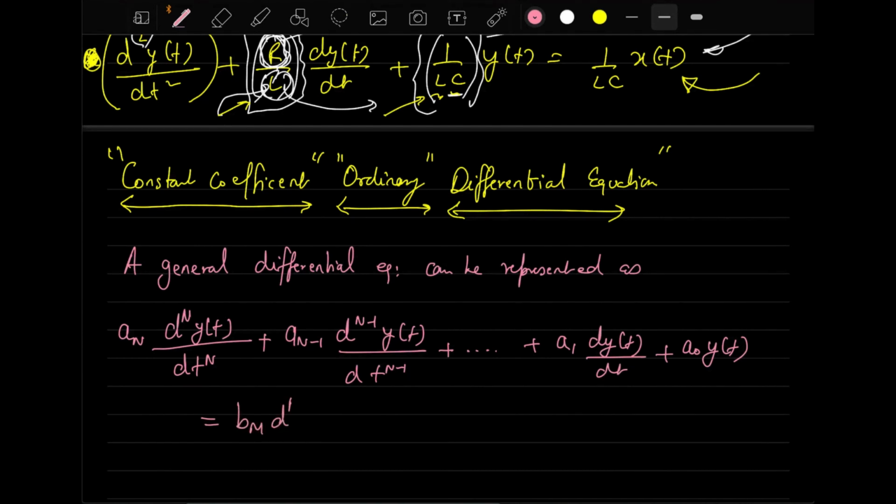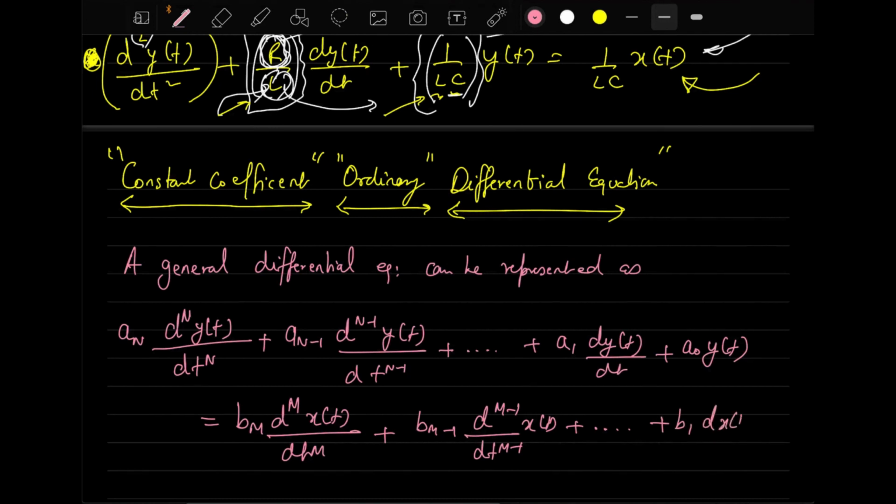So here you have dm x(t) divided by dt^m, then we have bm minus 1 d^(m-1) over dt^(m-1) x(t) ... plus b1, and then we have dx(t) divided by dt plus b0 x(t).